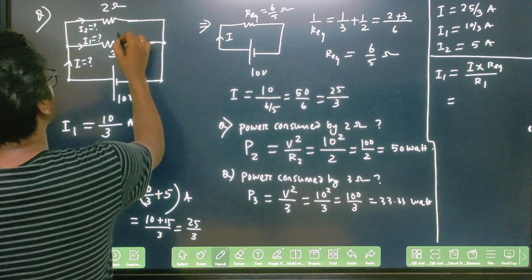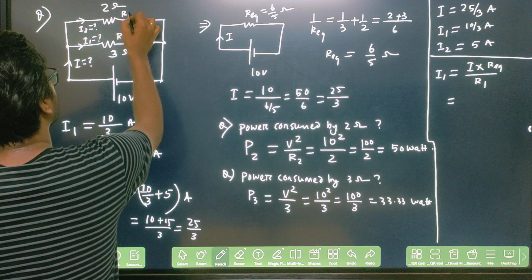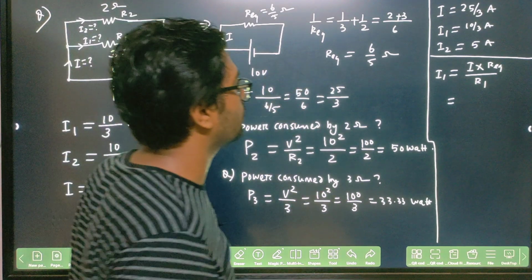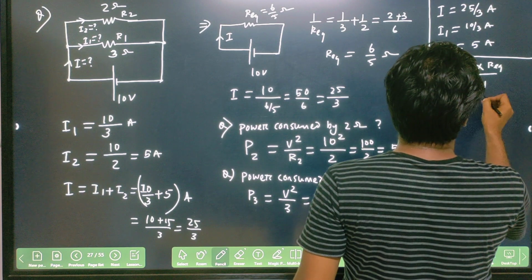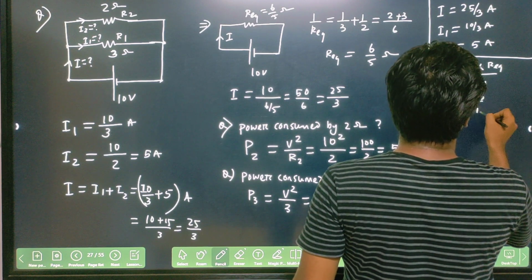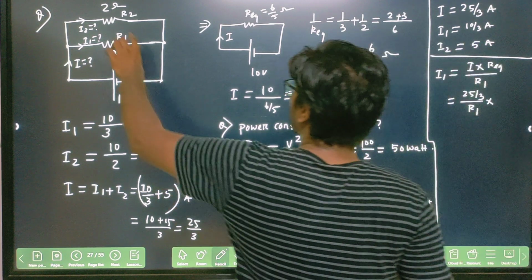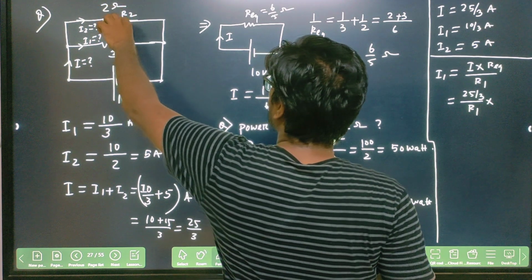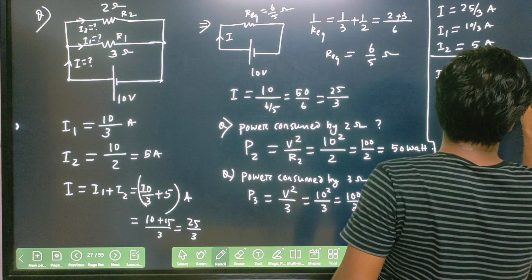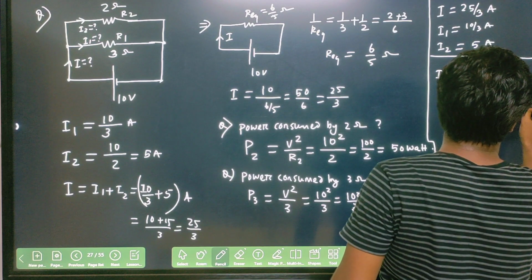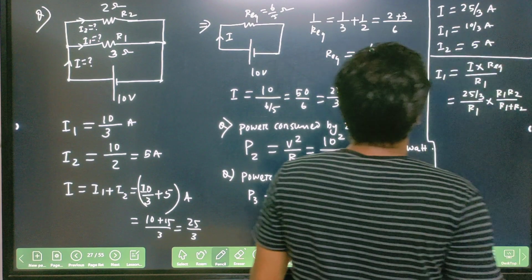You can take R1, this one you can take R2. To use this formula I am just writing. So I will be how much? 25 by 3 divided by R1, and R equivalent will be how much? R2 and R1 are in parallel, so it will be R1 into R2 divided by R1 plus R2, right? Clear?